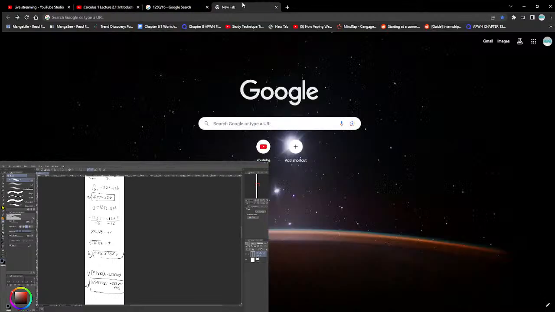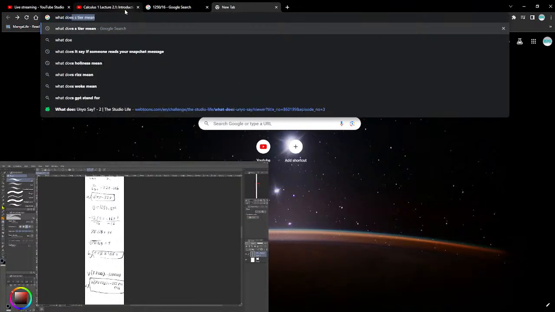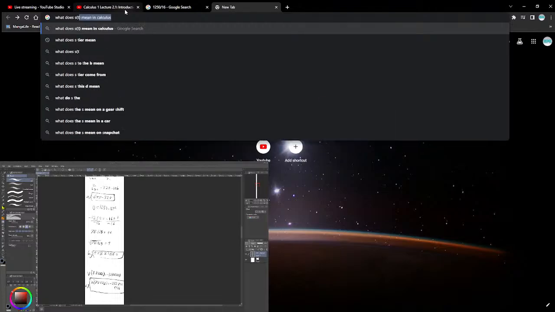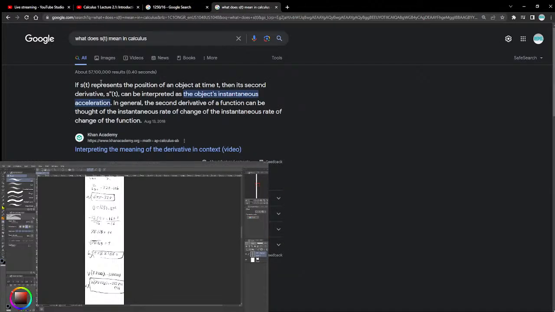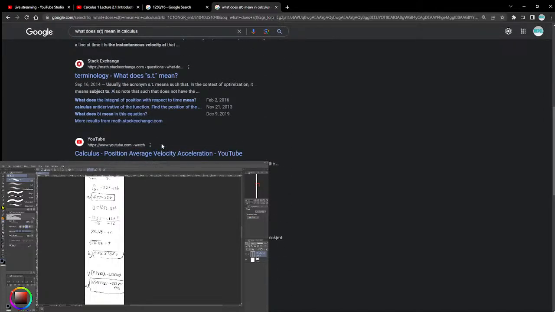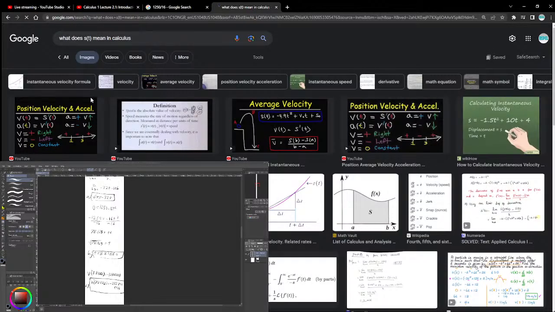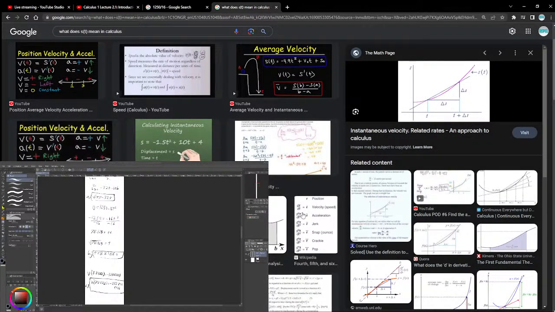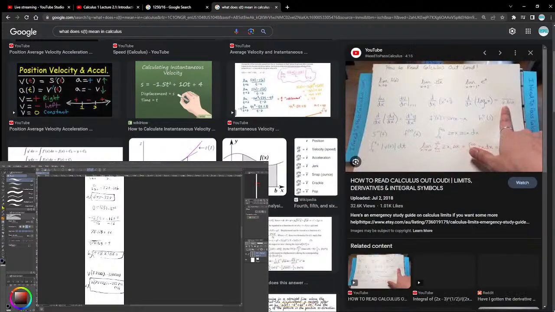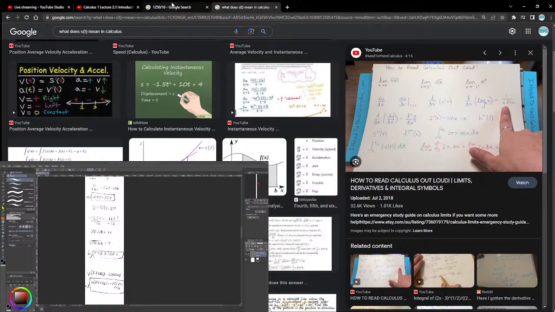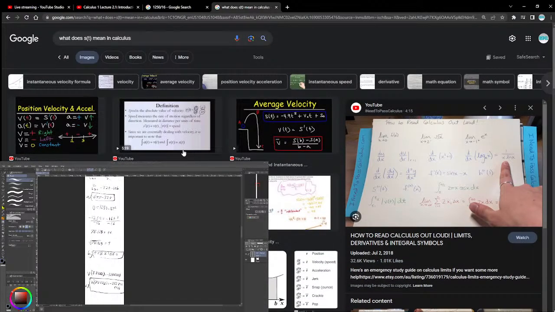What does s stand for? Position at time t. Oh, displacement equals s.